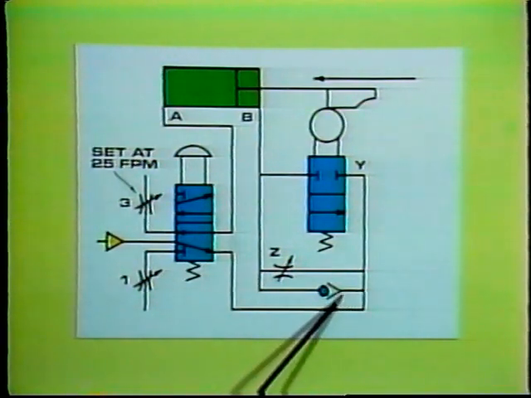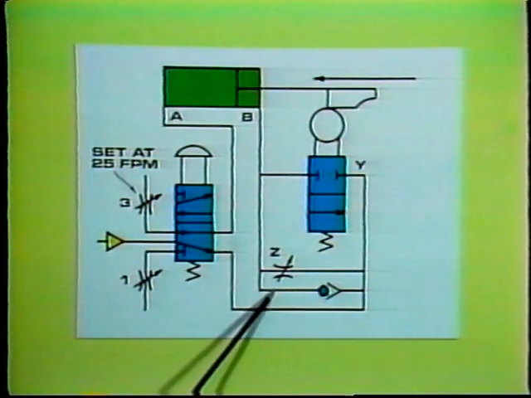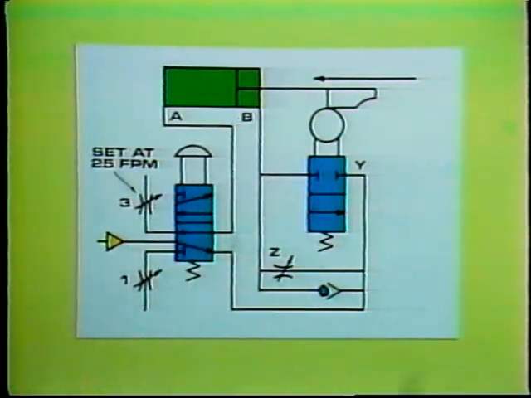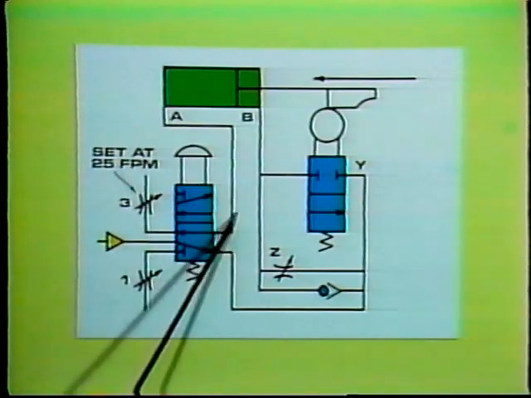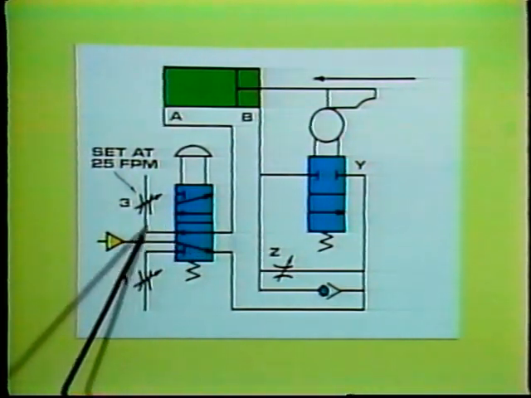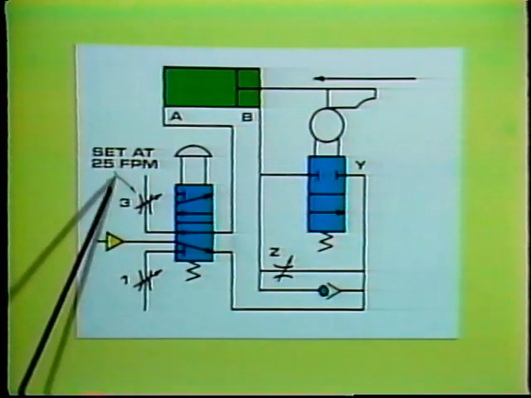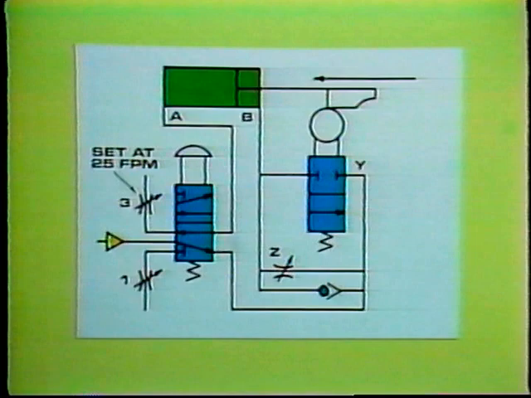Since the bypass check valve has the least resistance, nearly unrestricted air flows into cylinder port B. Air exhausting from port A passes through the directional control valve here and then into flow control valve 3 here, which is set to control cylinder retraction rate at 25 feet per minute.